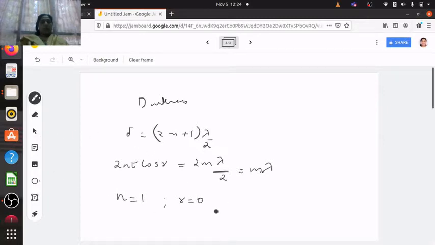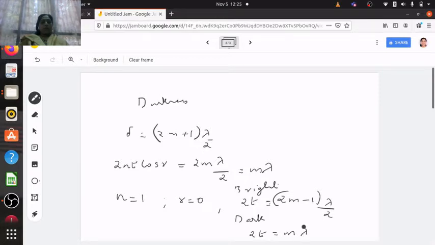Then at D, the point will be bright or dark according to the condition 2t equal to 2m minus 1 lambda by 2 for the fringe to appear bright, and for the fringe to appear dark, the condition is 2t equal to m lambda. So at the point D, the fringes will be bright or dark according to these conditions.